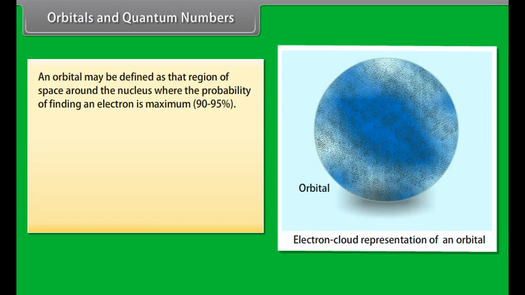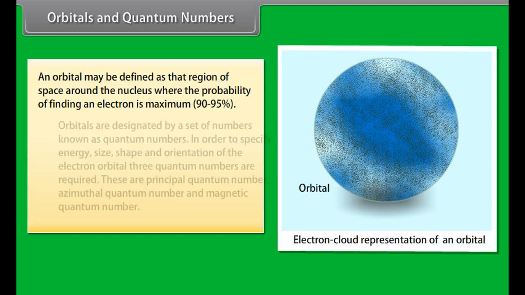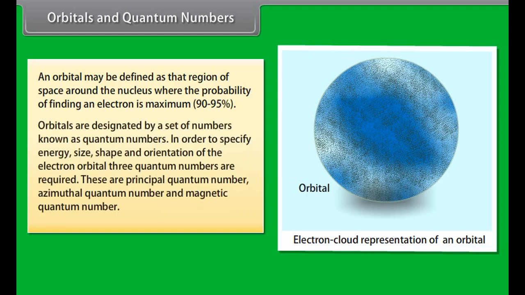Orbitals and quantum numbers. An orbital may be defined as that region of space around the nucleus where the probability of finding an electron is maximum. Orbitals are designated by a set of numbers known as quantum numbers. In order to specify the energy, size, shape, and orientation of the electron orbital, three quantum numbers are required.